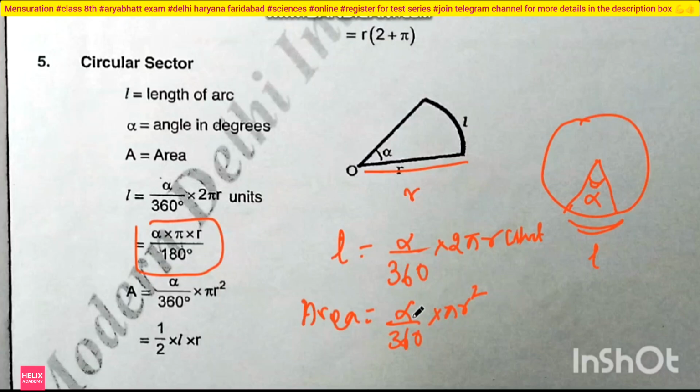Can a semicircle be a circular sector? Is a semicircle a circular sector? No. Why? Because if you want to say it is a circular sector, then you have to involve the diameter. You can say it indirectly, just like we always say that a rectangle or square is also a parallelogram.